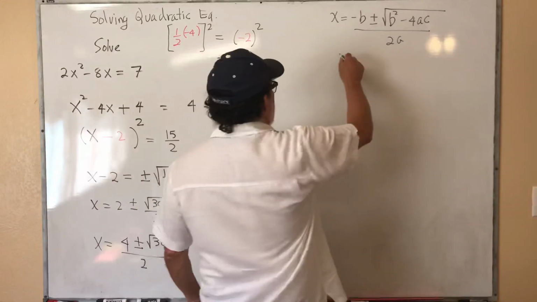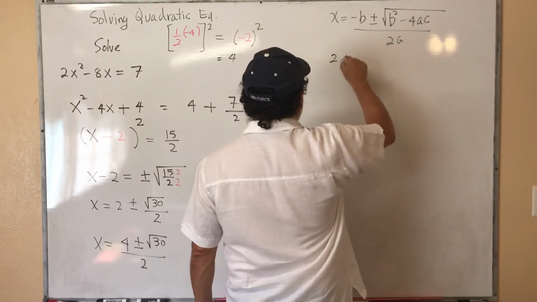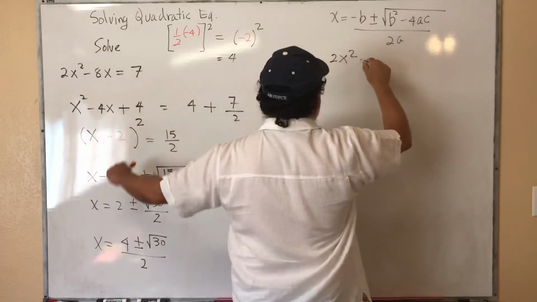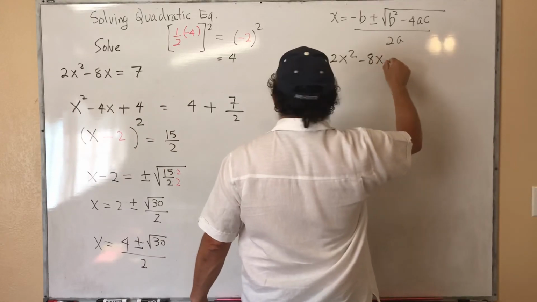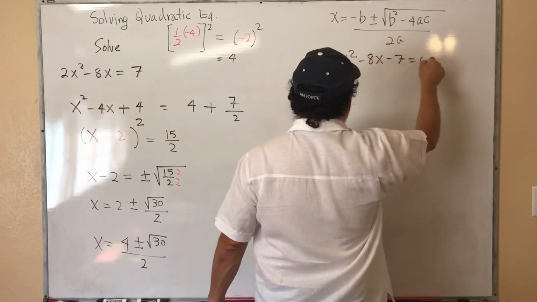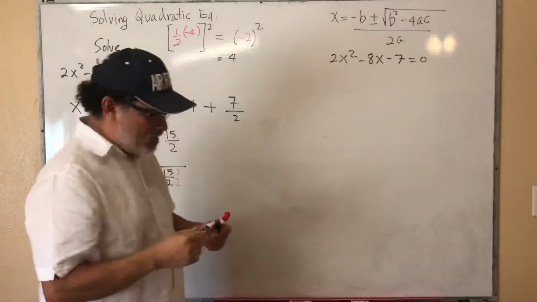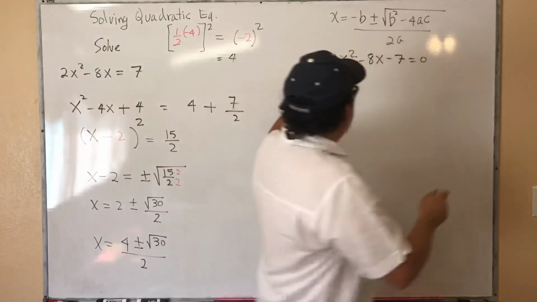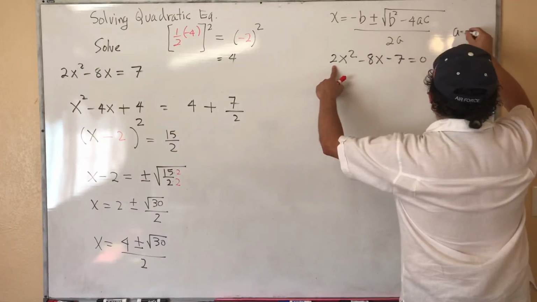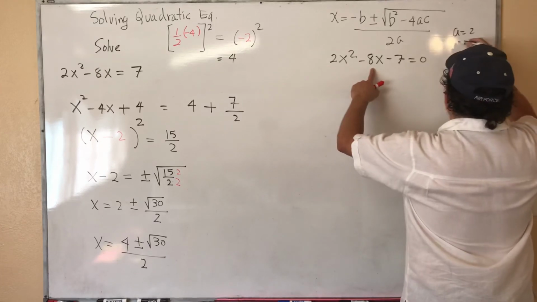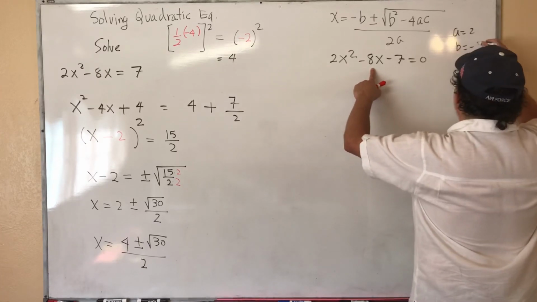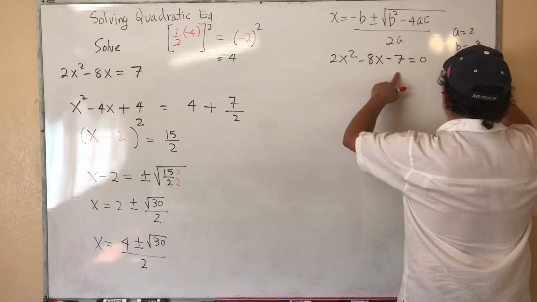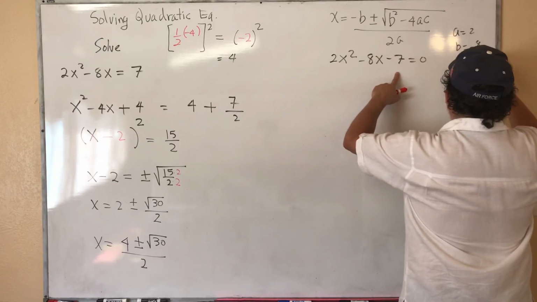So that's 2x squared minus 8x minus 7 equals 0. Okay? So now, what is a? A is 2, b is negative 8, and c is negative 7.